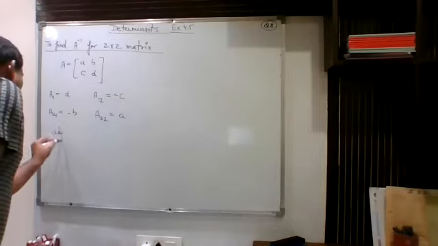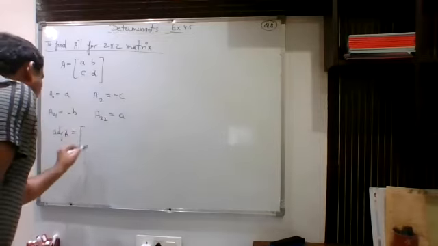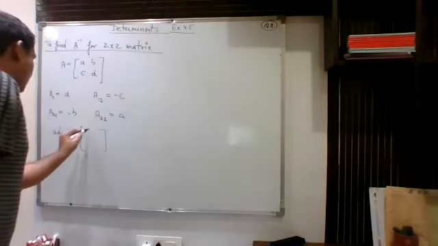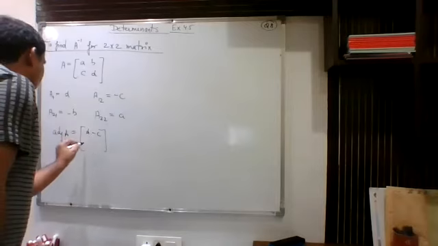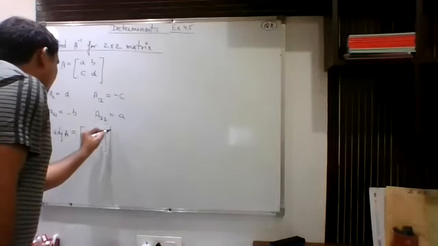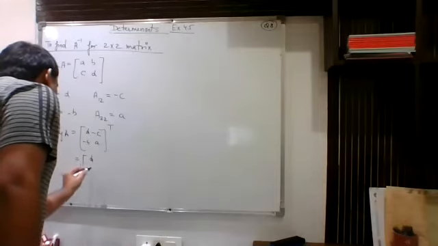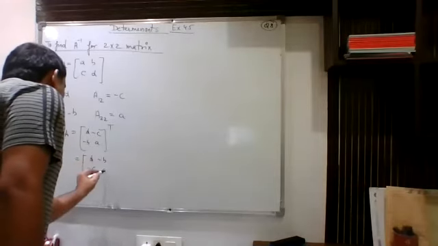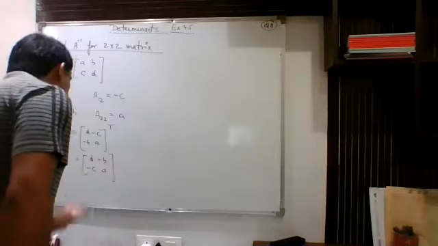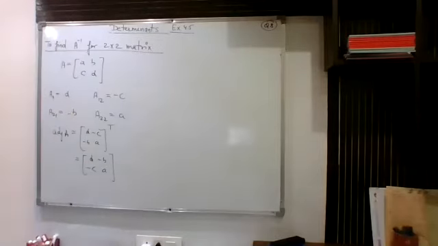Now adjoint of A will be just the transpose of these. So D minus C minus B, A, whole transpose. So when you take the transpose, this is what you will get as the answer, D minus C minus B, A. So T stands for transpose. So this is adjoint of this particular matrix.